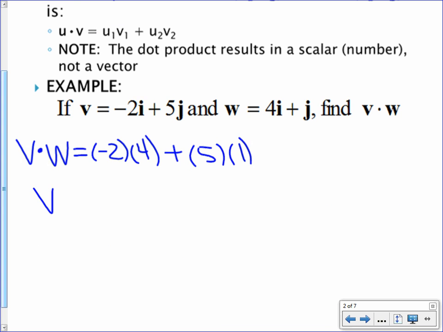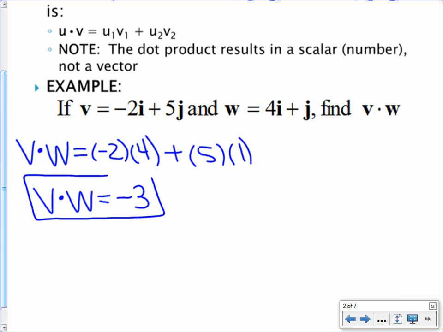So our dot product is negative 8 plus 5. Negative 3. And that's it. We're not done, but the dot product's pretty simple. You just need to remember what you need to pair up together to multiply.